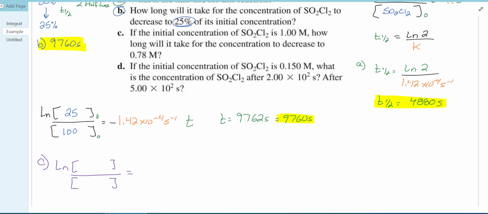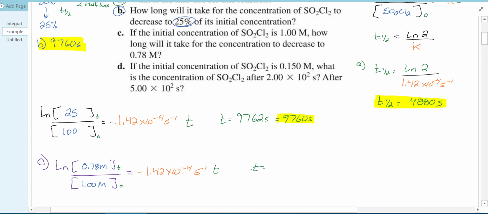So at time t, we're at 0.78 molar. At time 0, we're at 1 molar. And we have negative 1.42 times 10 to the negative 4 seconds to the negative 1, and t.